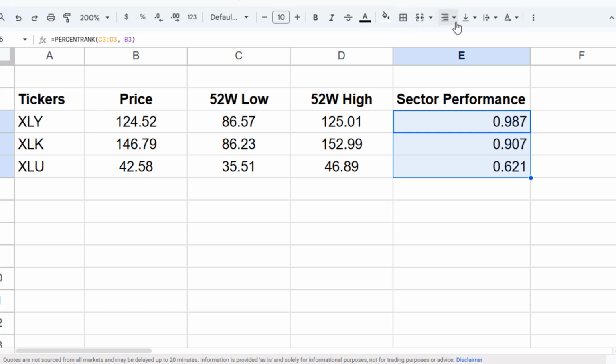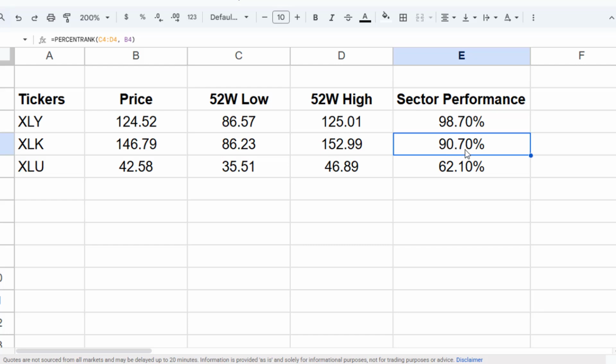And we get this result. And percentage wise, we know the XLY is very close to the top, technology as well, and utilities not so much.